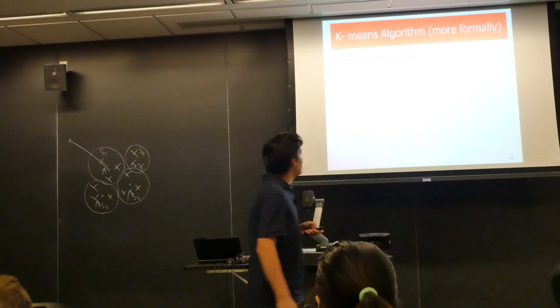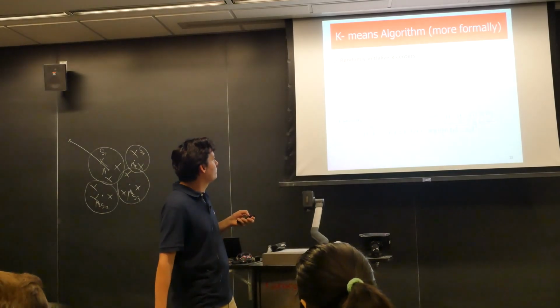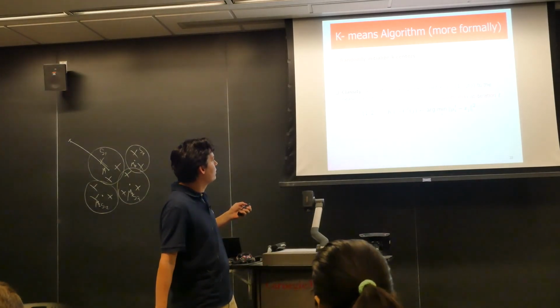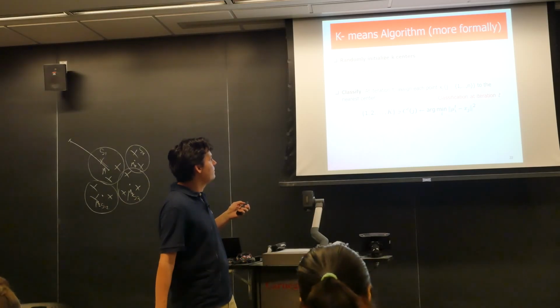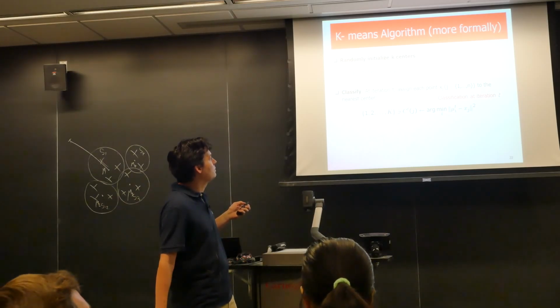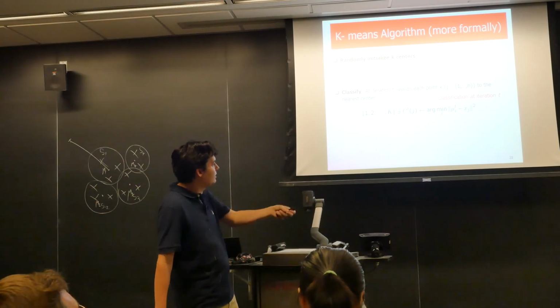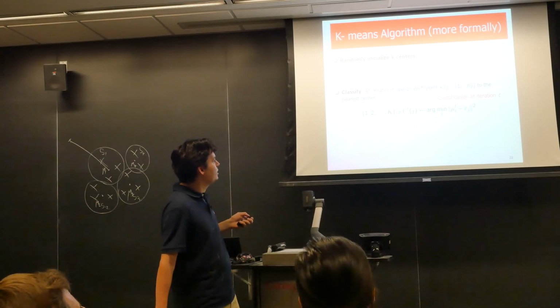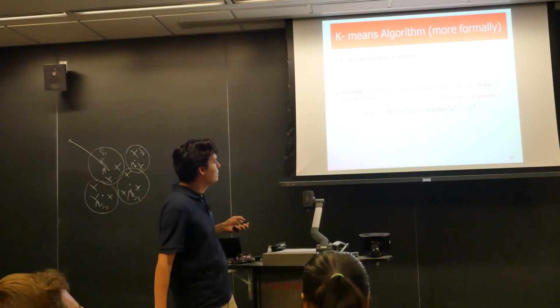Okay, so this algorithm was an alternating optimization method. Formally, what we did is that we had some randomly initialized cluster centers. I denote them with mu naught, which just means that at time step 0, mu1, mu2, up to mu-k were the cluster centers. Then at iteration t, you assign each point xj from x1, x2, up to xn to the nearest cluster center.